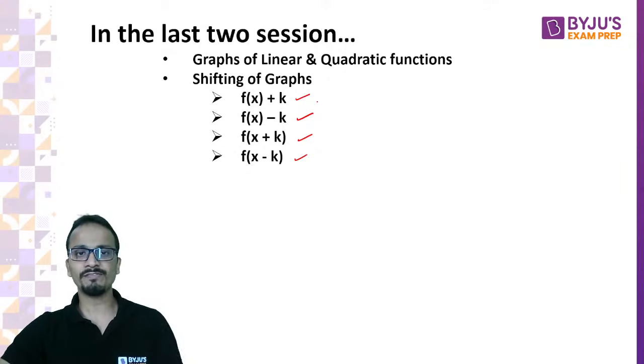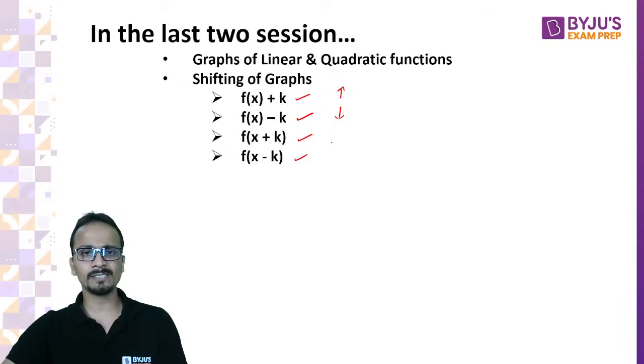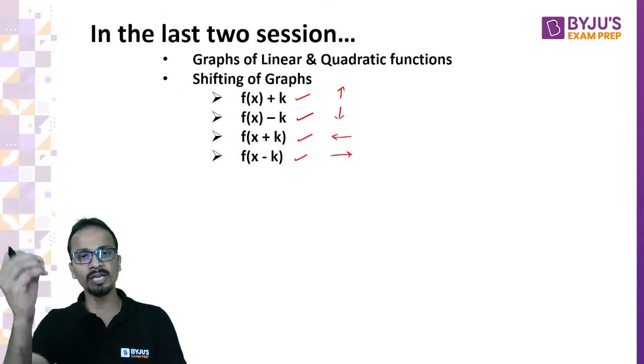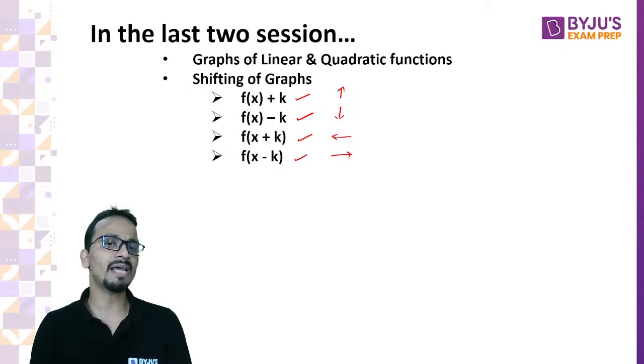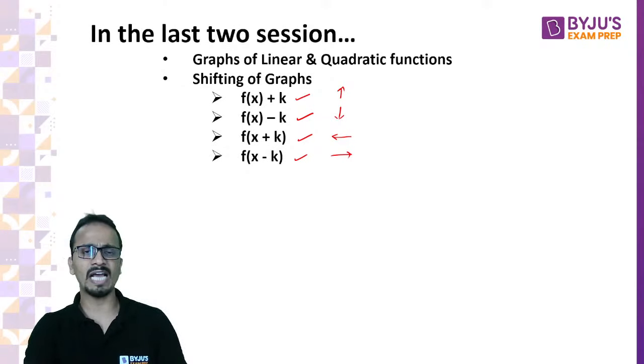In the first case the graph shifts upwards, in the second case it shifts downwards, in the third case the graph will shift towards left, and in the final case the graph will shift towards right. In all cases the graph will shift by k units. So we have seen shifting of graphs as well.